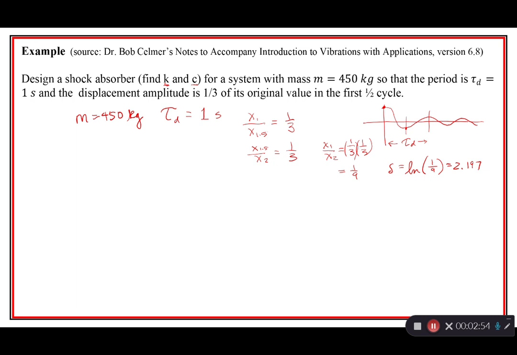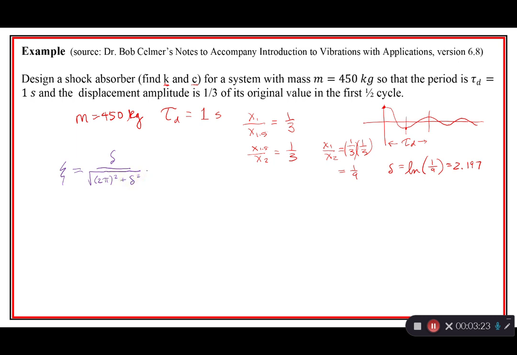Okay. All right. So from one of our main equations that we were using here, we can find out the squiggle, if you want to use the funny version, the xi, I guess, the damping factor. We can just call it damping factor. We have delta over the square root of 2 pi squared plus delta squared.